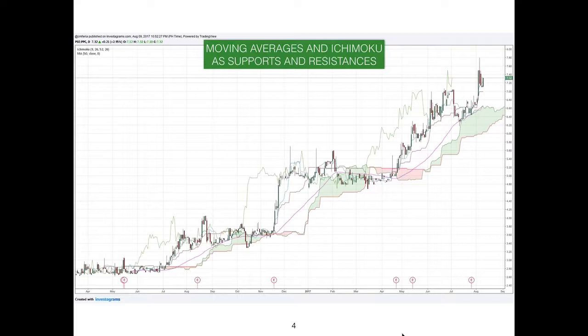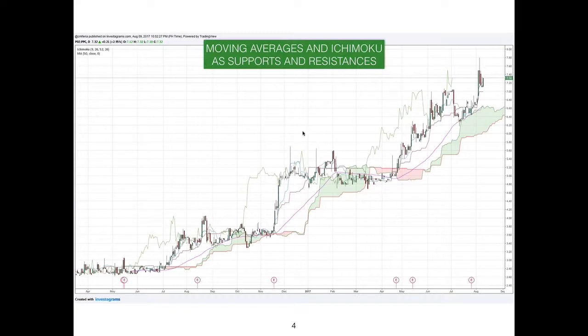Whenever any of the Ichimoku lines are found on the same area as the SMA 50 line, we find strong supports and resistances where prices tend to consolidate. So the confluence of these lines act as a magnet to price. We find prices try to sort itself out where these areas are together, or where these lines are together.